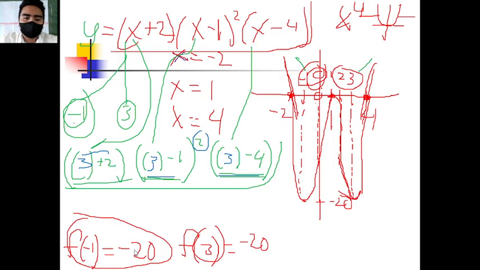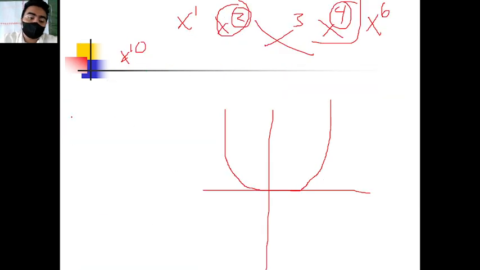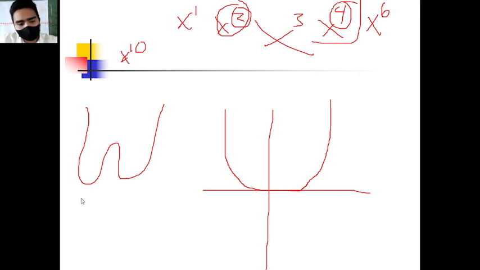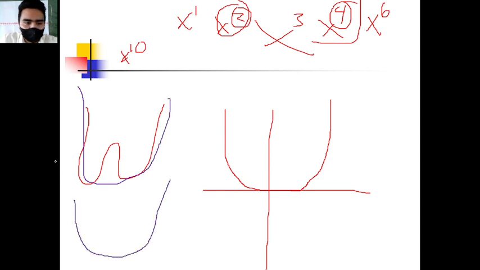So in conclusion, if you will notice this graph that we made, it may look just like this, no? But in conclusion, if you will notice, this graph forms just like this. Isn't it? Okay?